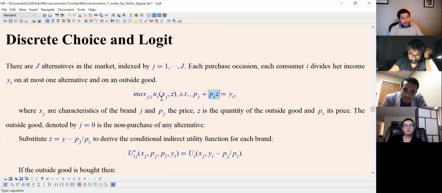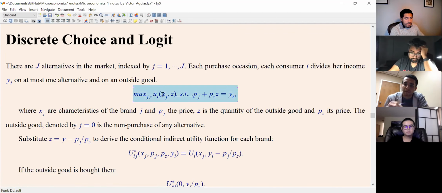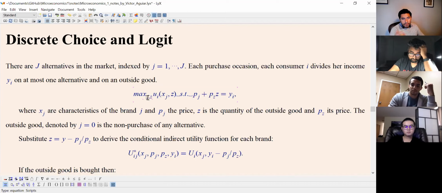And then I have this outside option, which is the remaining money that you will have. That is basically the difference between the income of each individual and what you pay for the alternative. Since this is just a discrete option, it's not multiplied by quantity, but it's just the price of the alternative J. So we're going to maximize this object, and this basically requires you to choose one alternative.